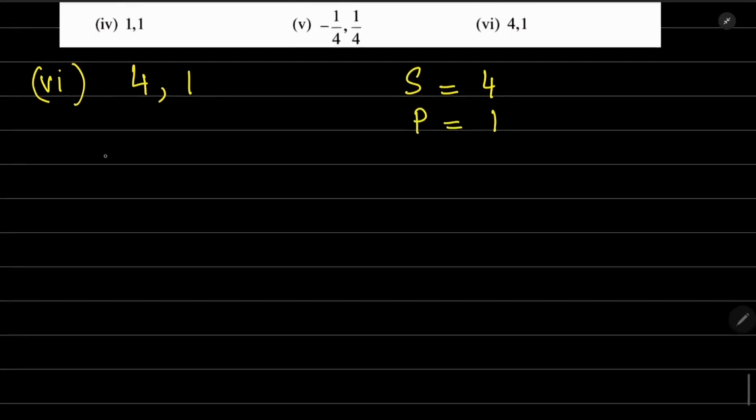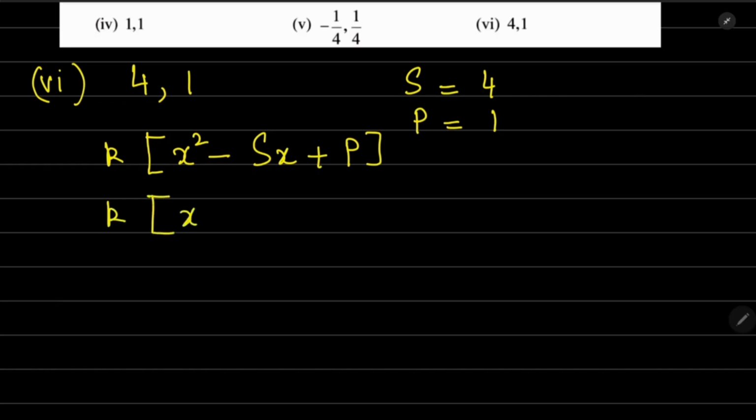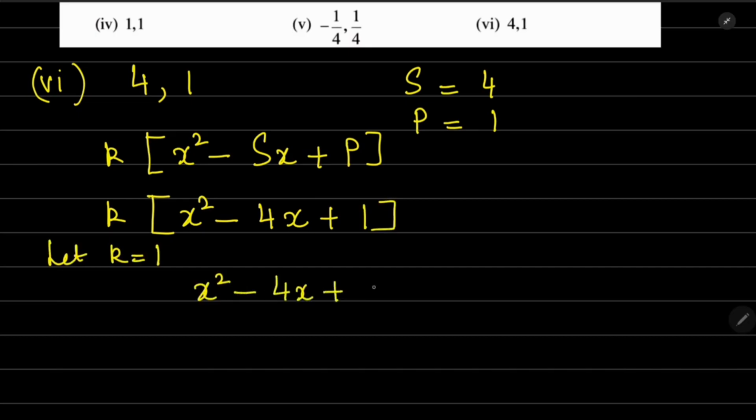Okay, so the quadratic polynomial is nothing but k into x square minus sx plus p. So k multiplied by x square minus sum is 4x plus product is 1. So again, let k equal to 1. You'll have x square minus 4x plus 1 as your answer.